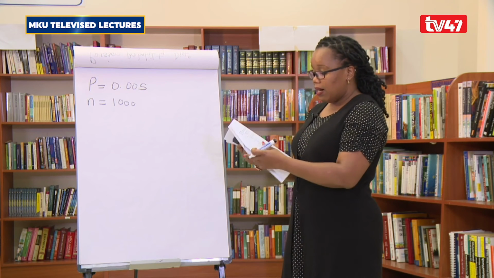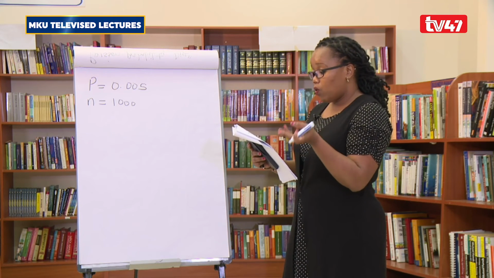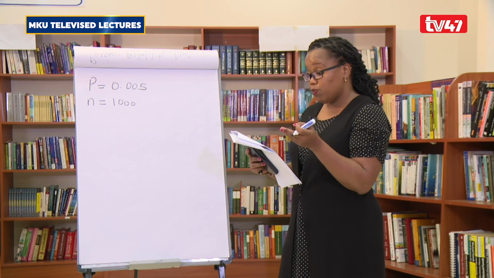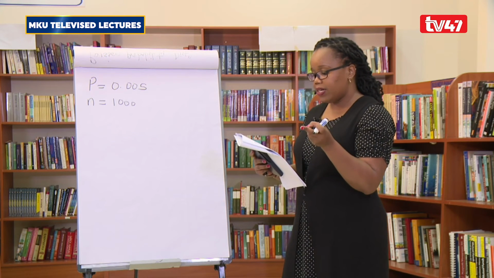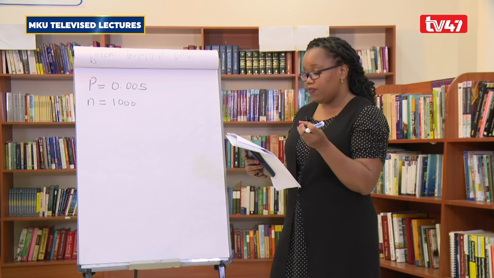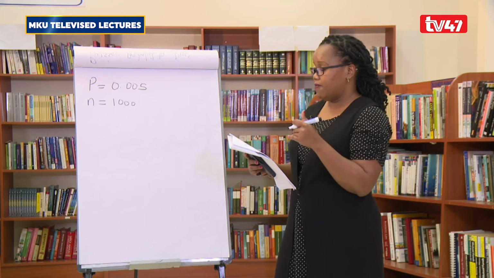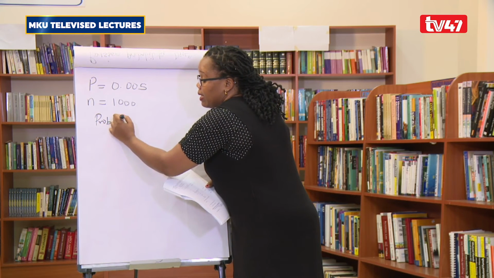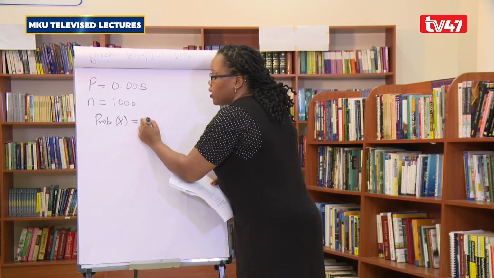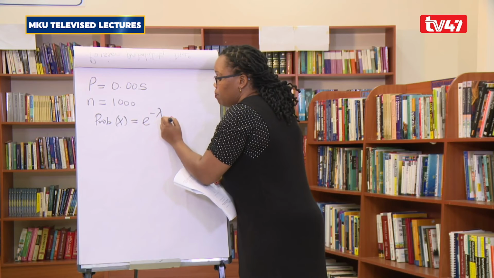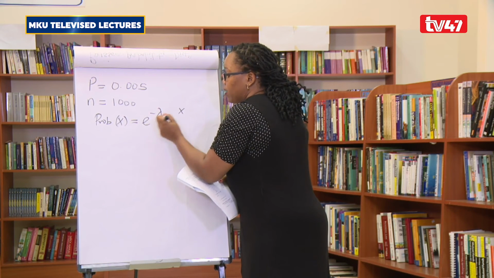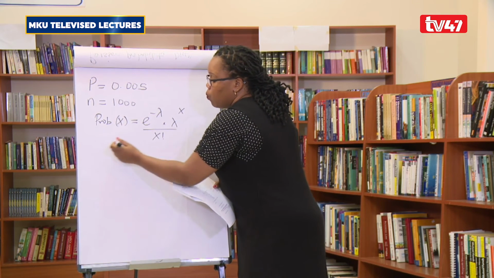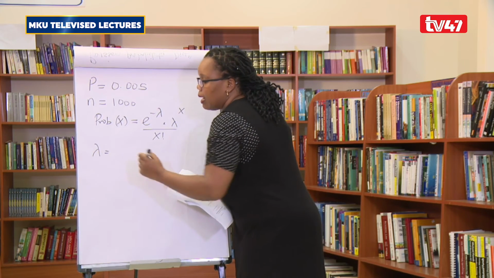Now, our question requires that we find the possible outcomes that only one is defective, or at most 2 defective, and more than 3 defective. From the formula, probability of X equals exponent negative lambda multiplied by lambda raised to power x over x factorial, we need to first find lambda.